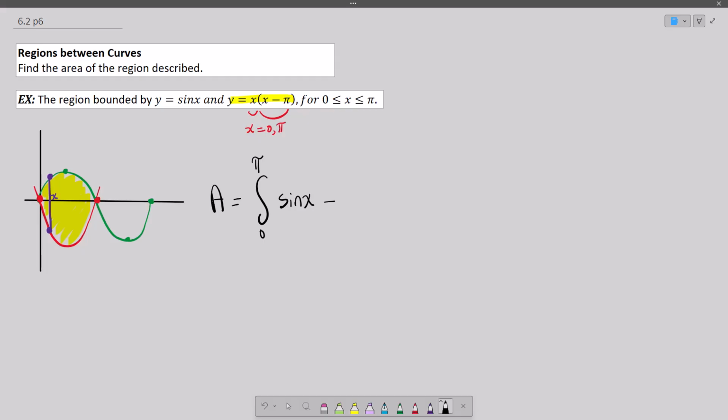And I'm going to multiply this out so we can integrate. So it's going to be minus x squared plus pi x. When we distribute that minus sign, we're subtracting the second function, the lower function. So there is our integral. Again, this is representing the height, and this is representing the width of our rectangle.